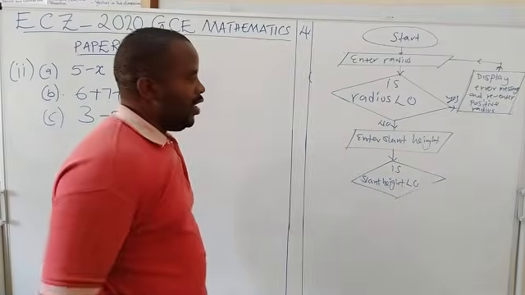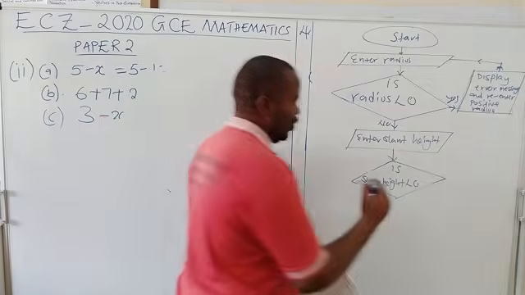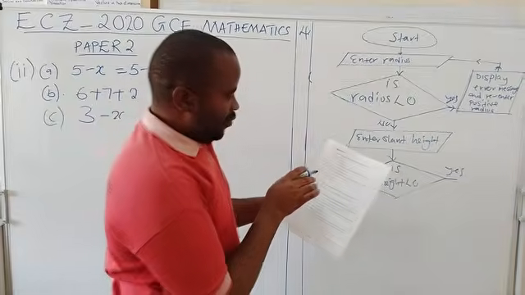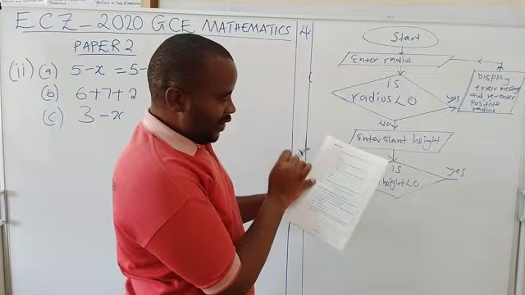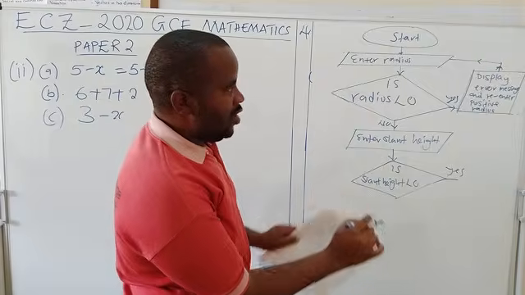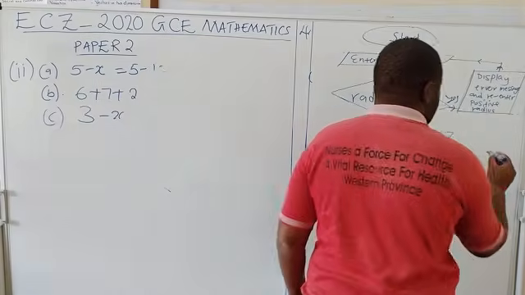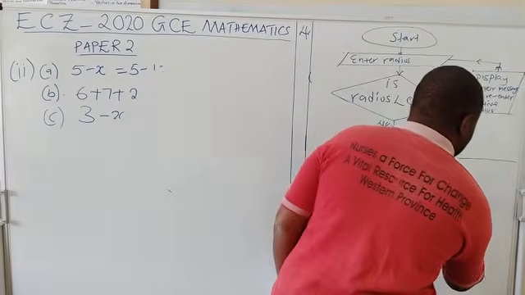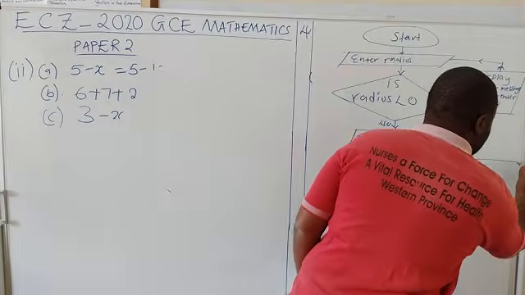The answer could be yes or no. So if it is yes, then display error message and re-enter positive slant height, just like this message.